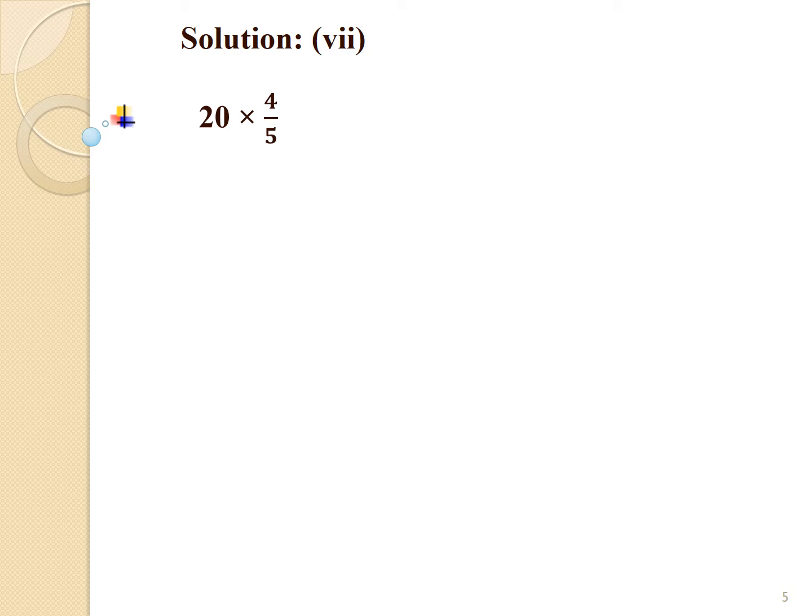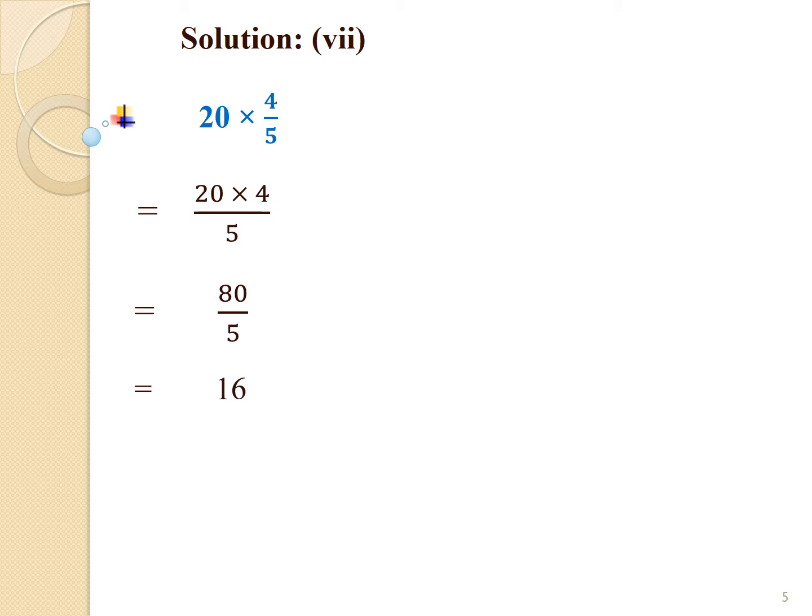Sum number 7, 20 into 4 upon 5. Multiplying 20 by 4 and keeping 5 as it is, we get 80 upon 5. Now dividing 80 by 5, we get 16.